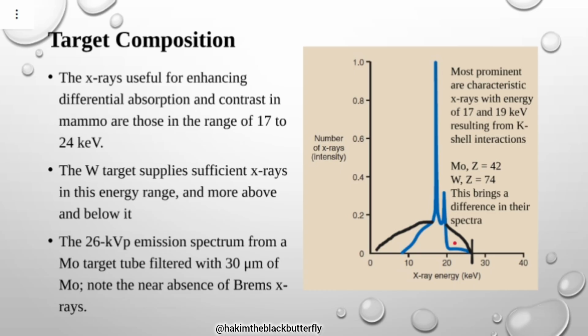I repeat, the electrons in the K shell of molybdenum have a binding energy of 20 kilo electron volts.